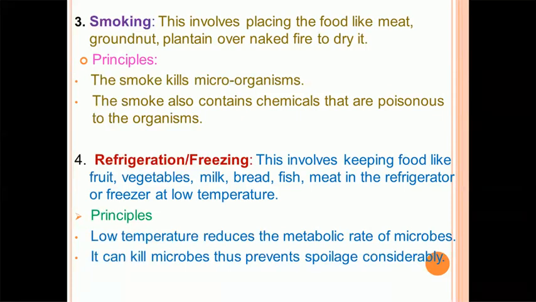So the principle here is that, one, the low temperature of these refrigerators, freezers, and the rest reduces the metabolic rate of the microorganisms, so they will not be able to function at a faster rate as they used to because of the low temperature. They need a suitable temperature to survive. Then the last one is that it can kill the microbes, thus preventing the food from getting spoiled.